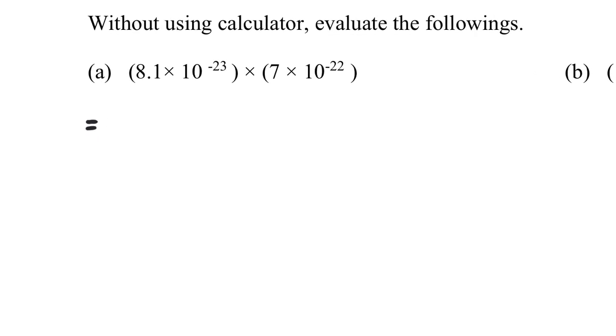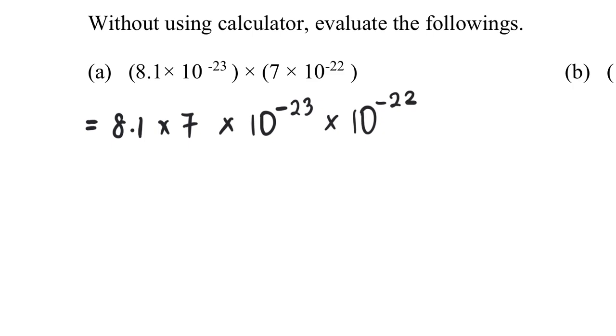rearranging as such 8.1 times 7 times 10 to the power of negative 23 times 10 to the power of negative 22. And from here, this will give me a value of 56.7.